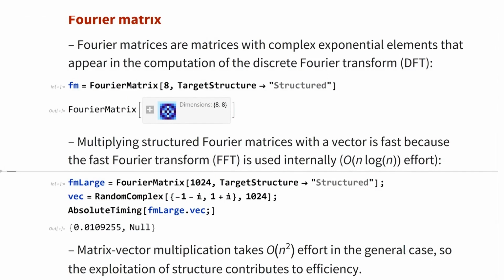It goes down from O of n squared to O of n log n for multiplication of Fourier matrices with vectors. We have a very nice implementation of this fast Fourier transform in the Fourier function, and it's used for the Fourier matrix computations as well. So clearly, these Fourier matrices are the right way to go in many situations.